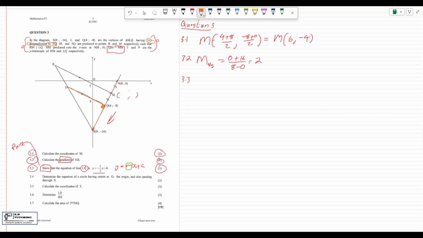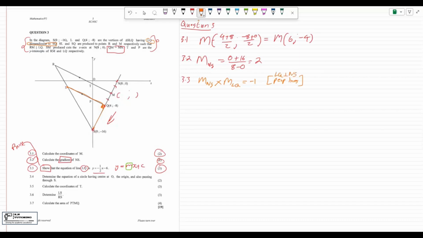So it means the gradient of NS, when I multiply with the gradient of LQ, they're going to give me what? -1. Why? Because perpendicular lines. All right, that's what they told me. It was given. We can also say given. LQ is perpendicular to NS.